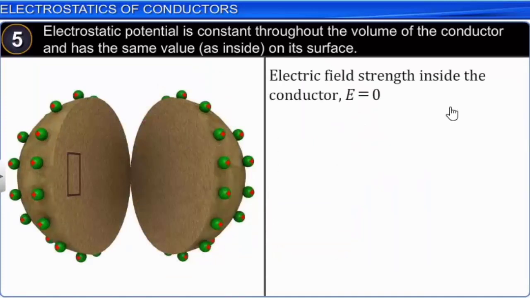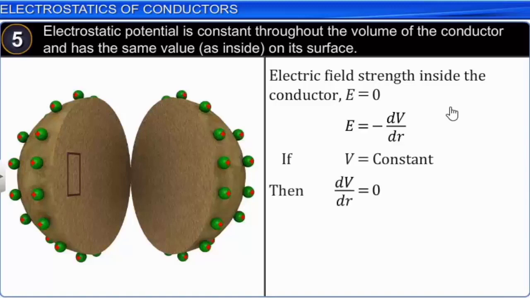We know that the electric field strength E is equal to minus dV by dr. If V is constant everywhere inside the conductor, then dV by dr will be 0, and hence E is equal to 0 inside the conductor. This proves that the electric potential V is constant everywhere inside the volume of the conductor and has the same value as that on the surface.